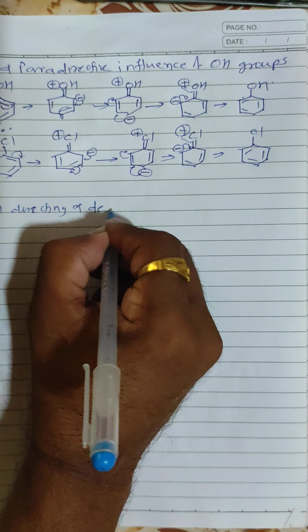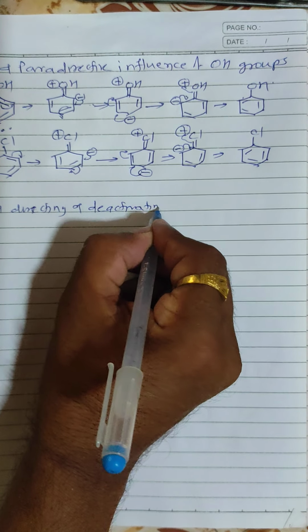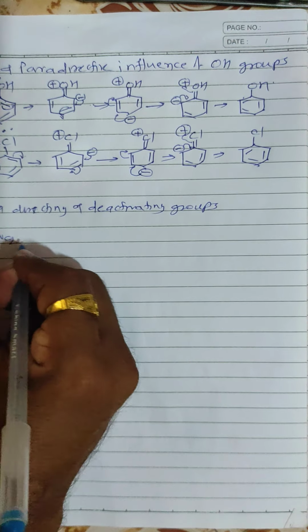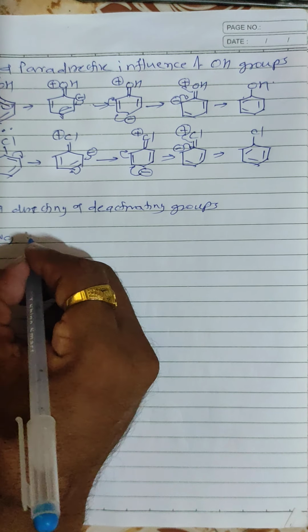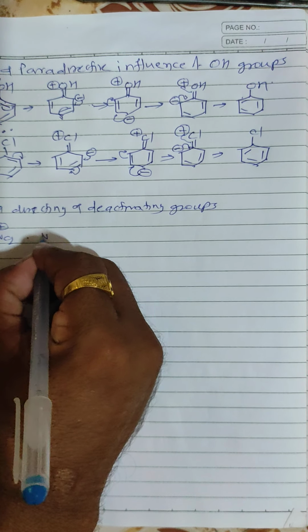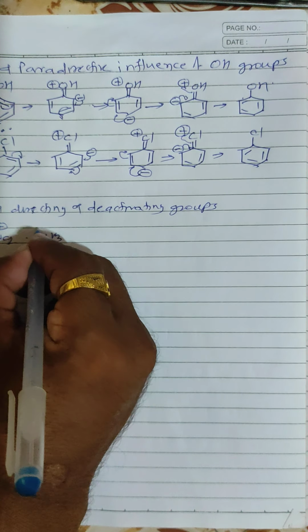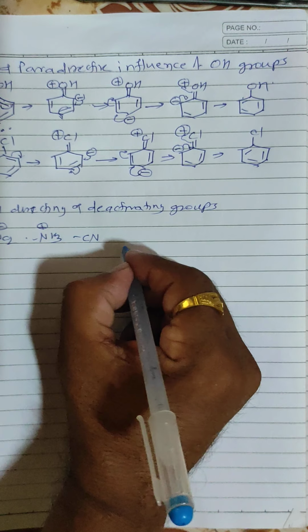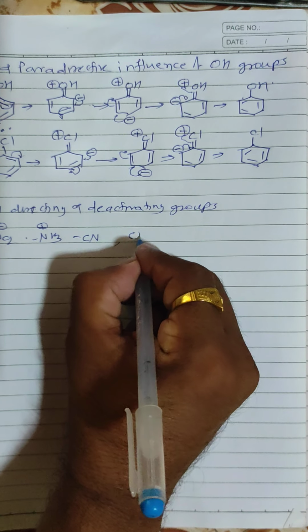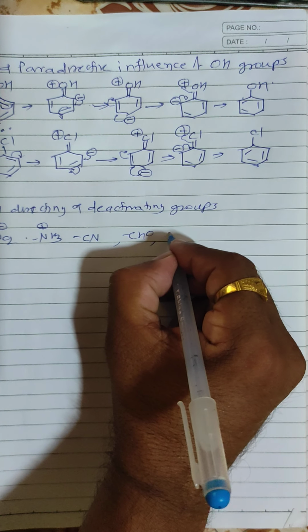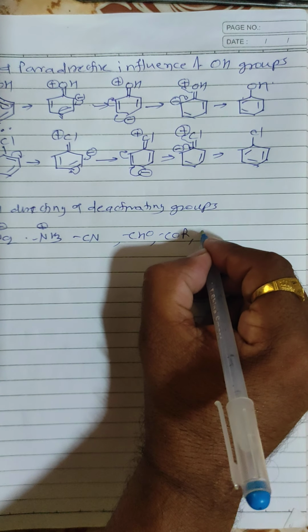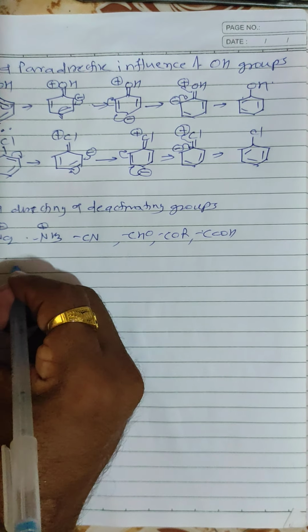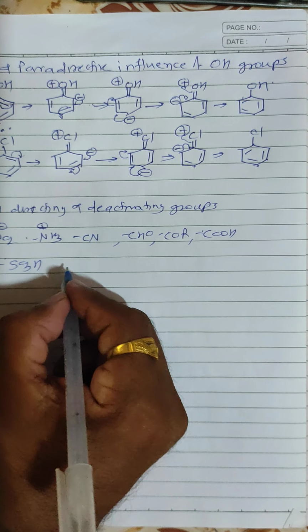Meta-directing and deactivating groups like NO2, then NH3 plus, as well as CN or CHO, then COR, COOH, then SO3H.